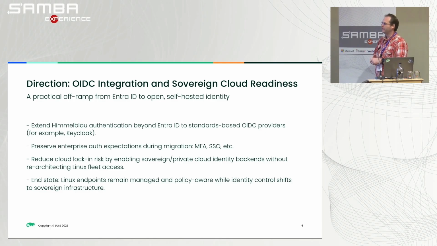The main goal is to preserve the expectations of the current project with MFA integration and single sign-on and so on. We're not there yet, but we're working on it. The idea would be to reduce the cloud lock-in risk, so that you can have a private cloud for your authentication.